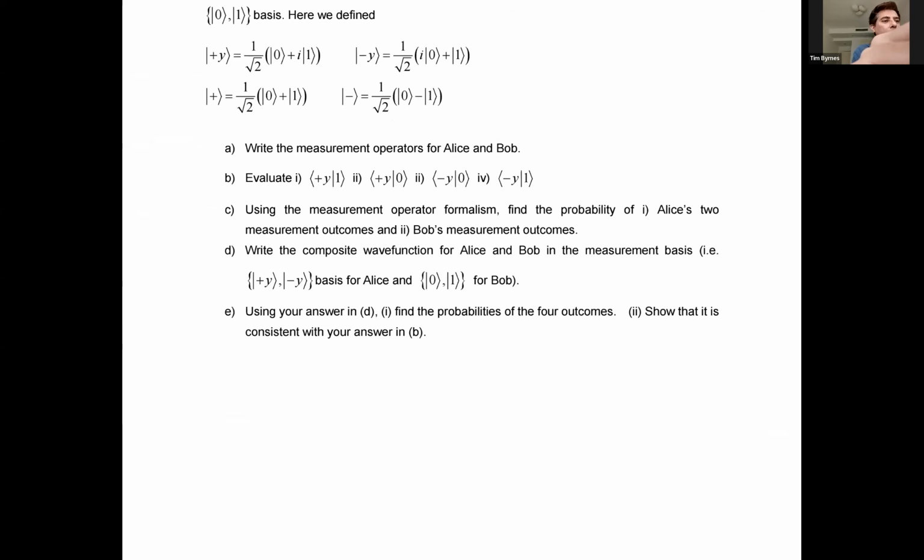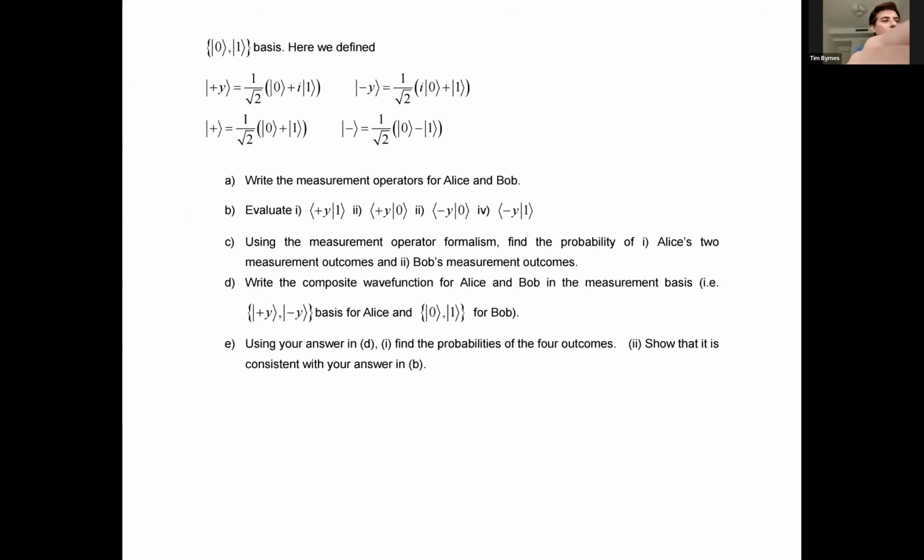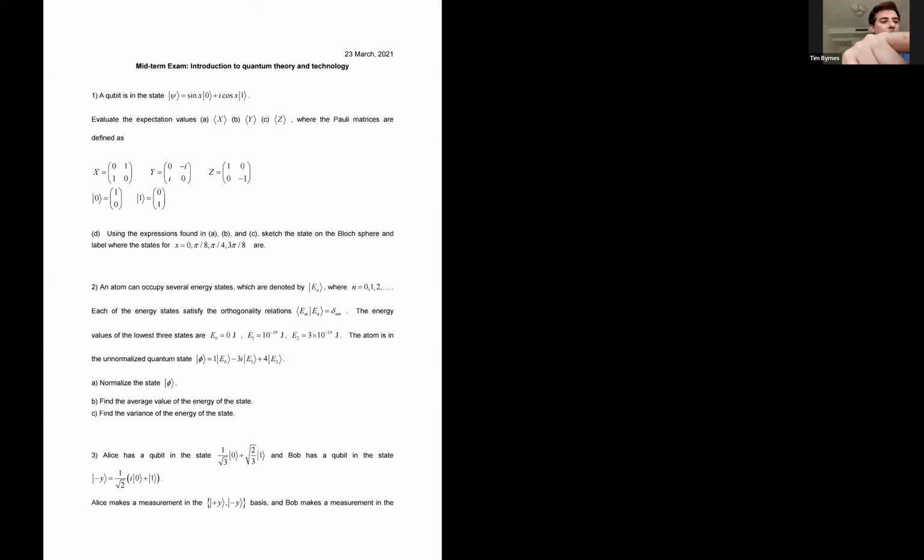In the 0, 1 basis, and those are the definitions of the states. Right, and so in this case, we've got to write down the measurement operators for Alice and Bob. So this is basically a measurement operator type of question.